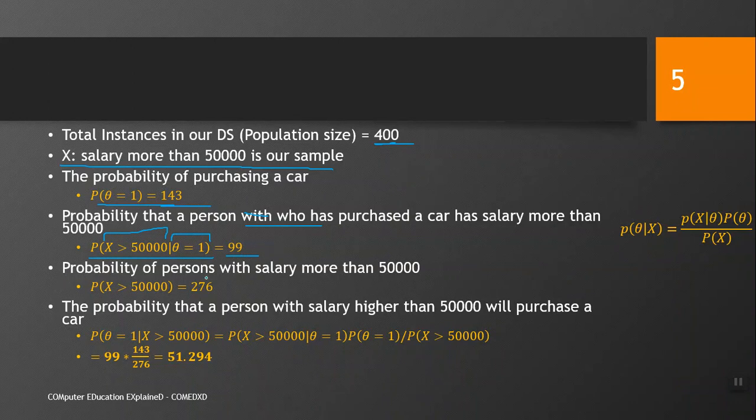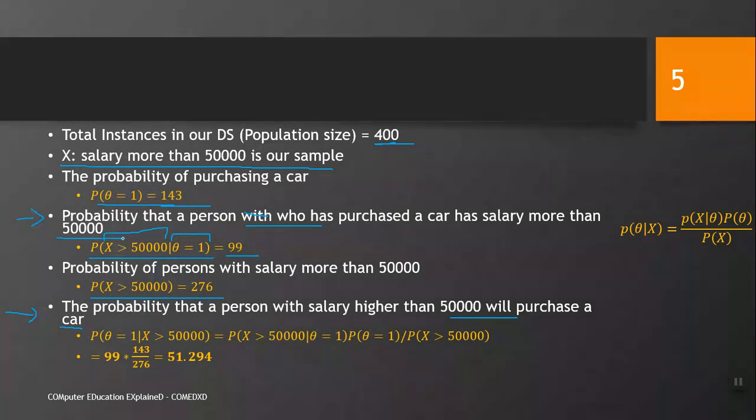And the probability of persons with salary more than 50,000 is given by this. There are 276 people who have a salary greater than 50,000. Then the probability that a person with salary higher than 50,000 will purchase a car. Now look at this: this is the likelihood and this is the posterior. In the likelihood we are going to see the probability that a person who has purchased a car has salary more than 50,000.